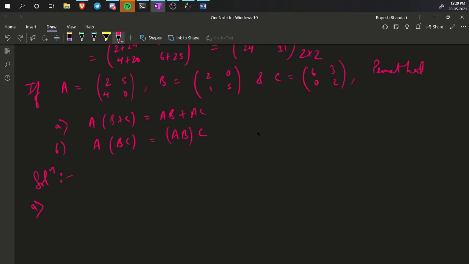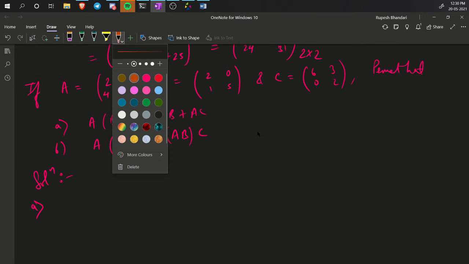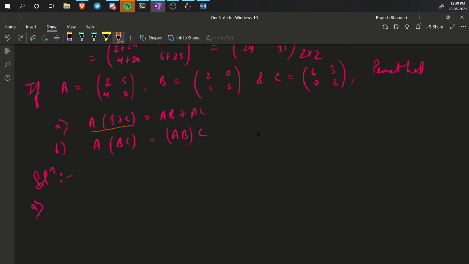The solution will be, so we are proving for this particular one. Let's just prove this first of all, A number. In order to do this, we can solve this part first, and then we can solve this part, and then the whole thing as well.